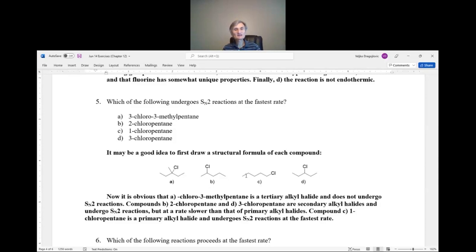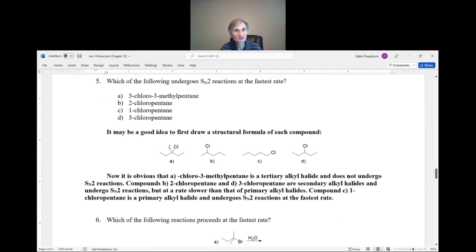And to figure that out, really the best is to draw a formula. So 3-chloro-3-methylpentane. You just use pen and paper and draw it, and you can see that's tertiary. So that one doesn't undergo SN2 reactions at all. B, 2-chloropentane, that's secondary. That's all right. C, 1-chloropentane, primary. Primary versus secondary, primary is better. And D, 3-chloropentane, another secondary.